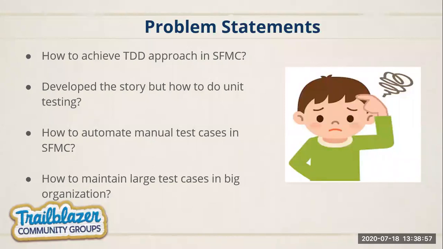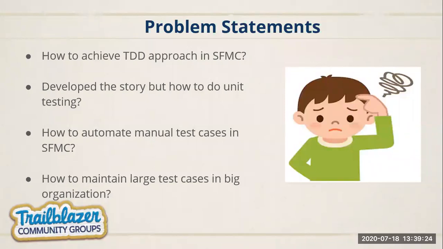Okay, so let's take an example. John, as a person, was working in the IT industry. When I'm saying dual role, the dual role is either developer or tester. First I am assigning him a role as a developer, and he's working in an organization where he has to achieve the TDD approach in SFMC.